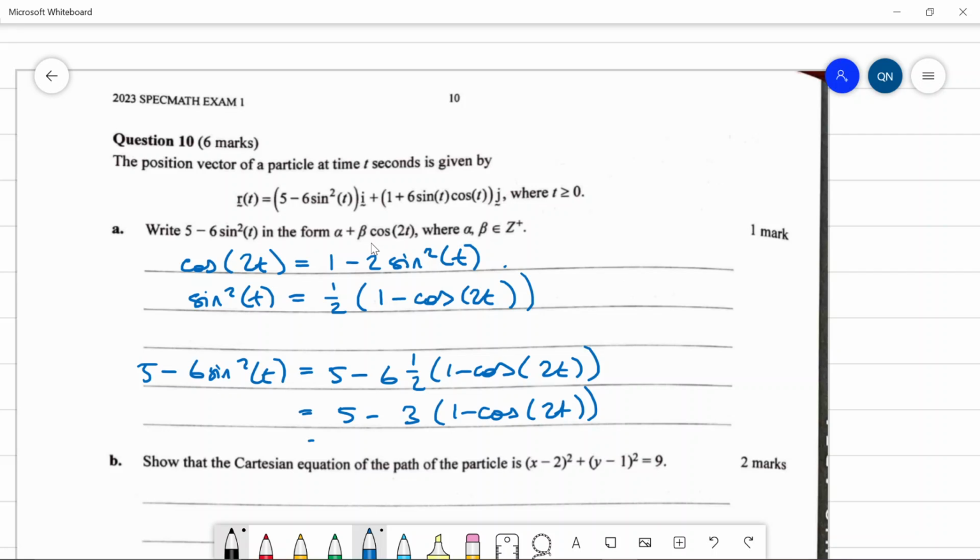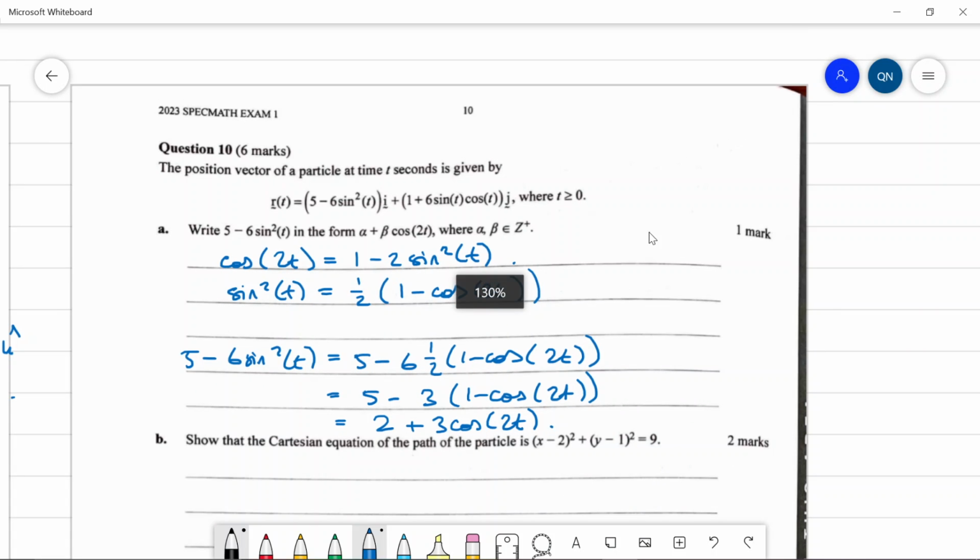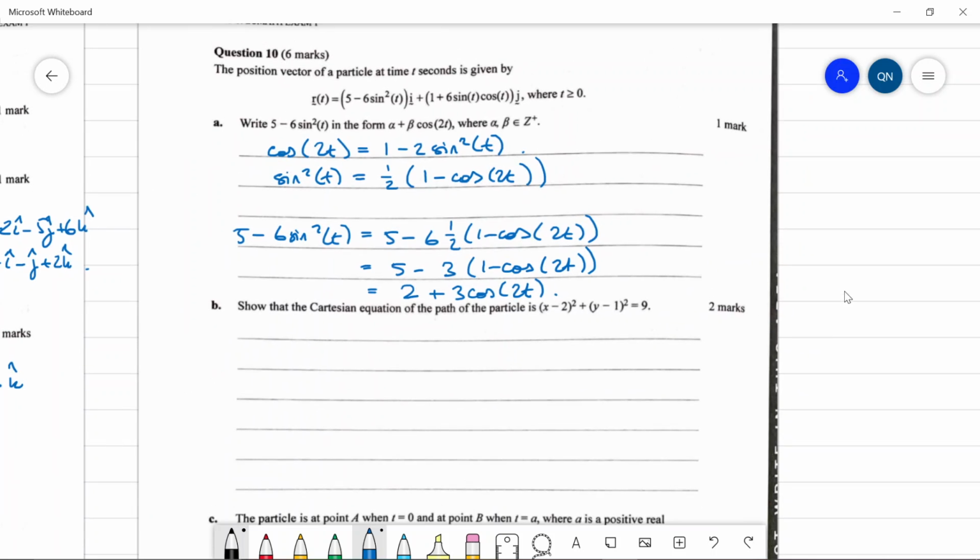Expanding it out, this is negative 3, so it's going to be 2 plus 3 cosine of 2t. Yep, that should be it, and these are positive integers. Perfect.